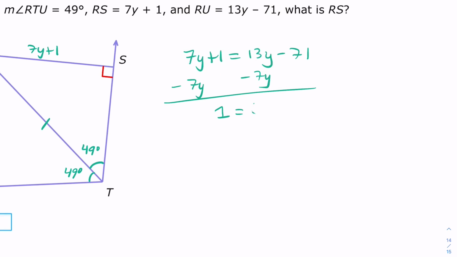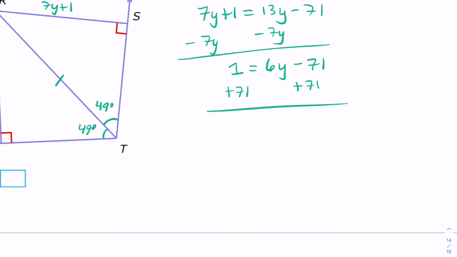So you get 6y minus 71, and add 71. And so I get 72 equals 6y divided by 6. y is equal to 12.